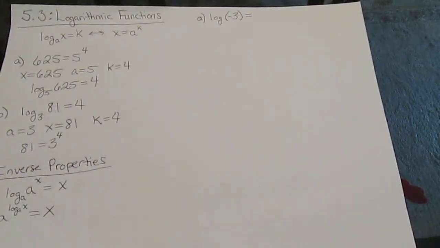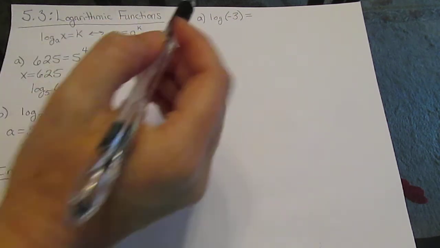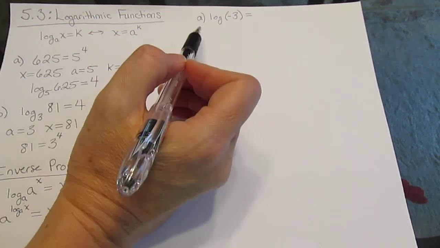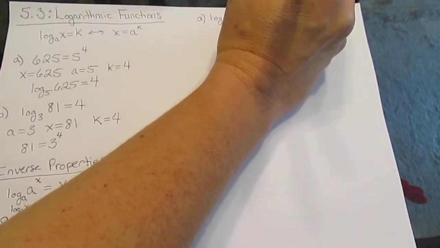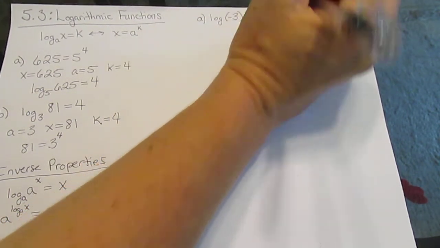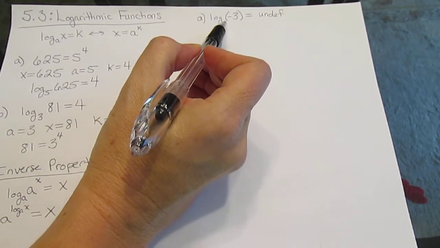But you'll see that I said when you have a log, you have to take the log of a positive number. The log of 0 and the log of a negative number is undefined. So whenever you see log of a negative number or log of 0, you just get to write for your answer undefined. It doesn't matter what base they put.